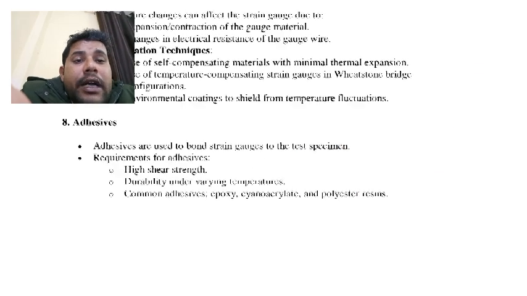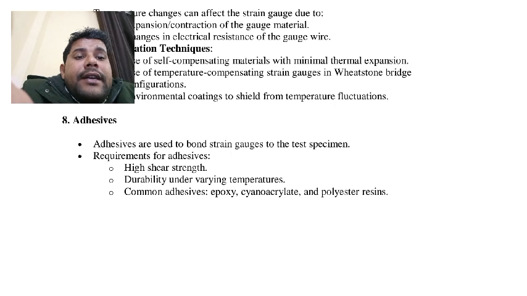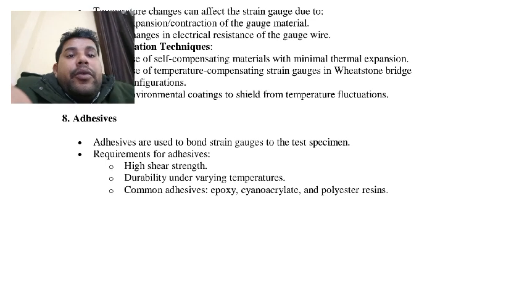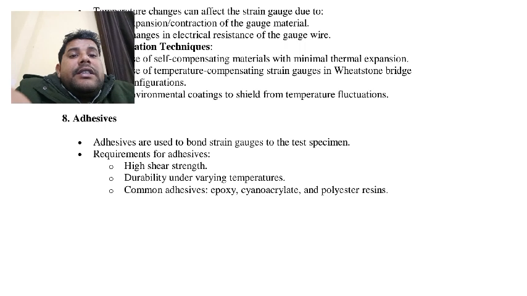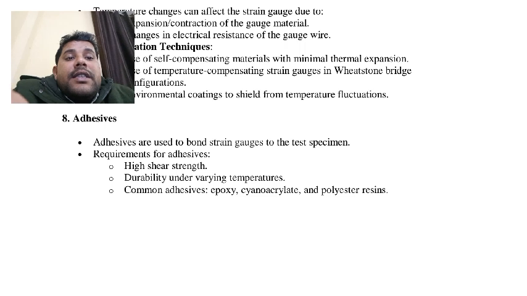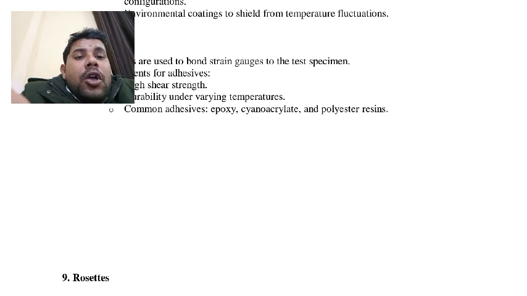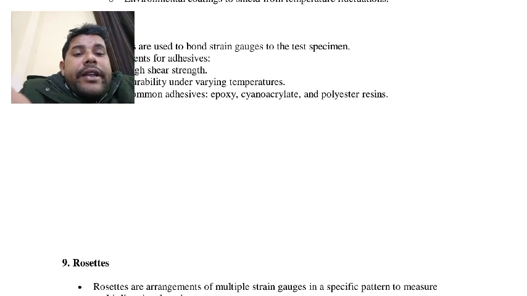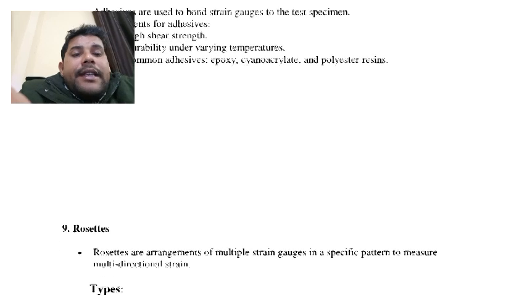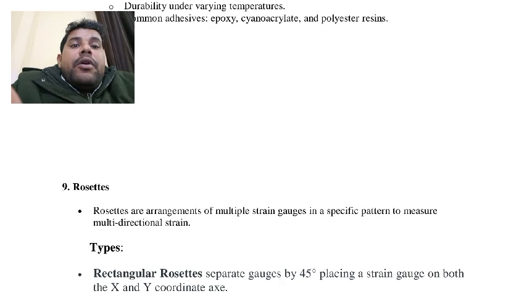It must be very durable when temperature changes; its resistance and strength should not change when temperature changes. Adhesive is used to bond the strain gauge to the test specimen. Common adhesives are epoxy and polyester resin.